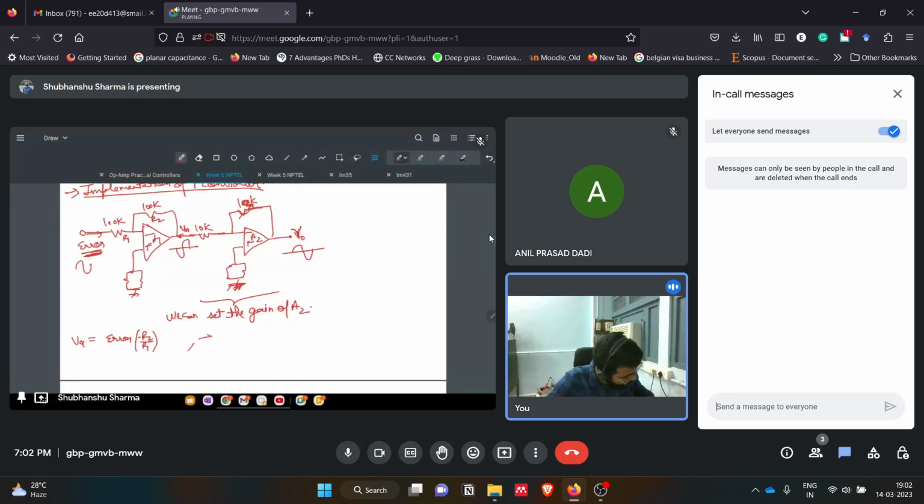So V naught will be, this is R3 and R4, minus R4 by R3 into error minus R2 by R1. So minus minus will be plus R4 by R3 into R2 by R1 into error. In this case, this is our KP and this is our input signal, or we can say the error signal. So this is acting as a proportional controller.